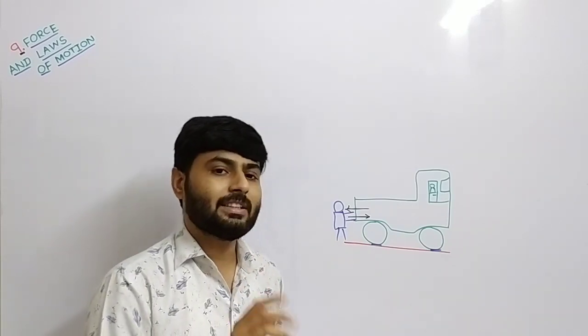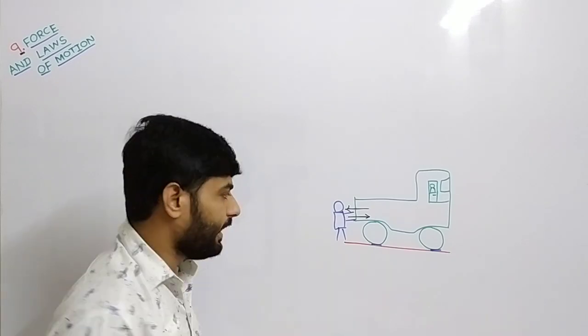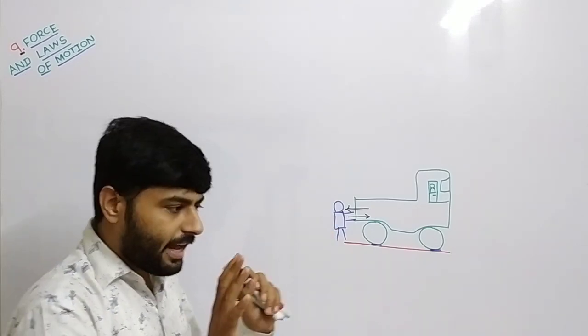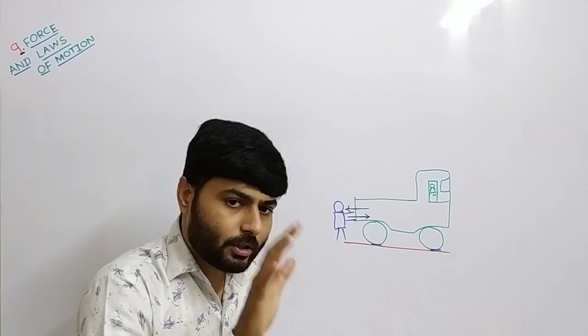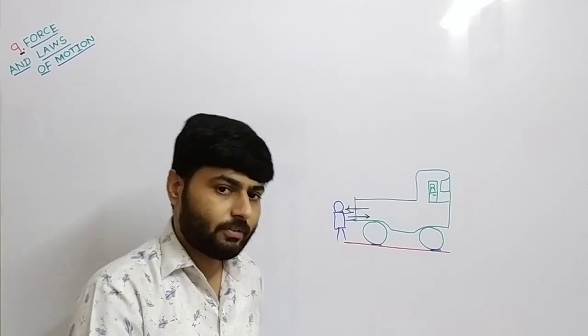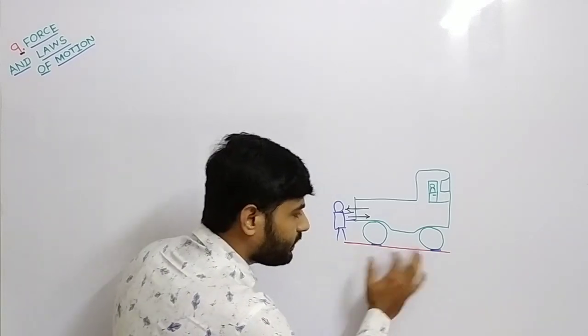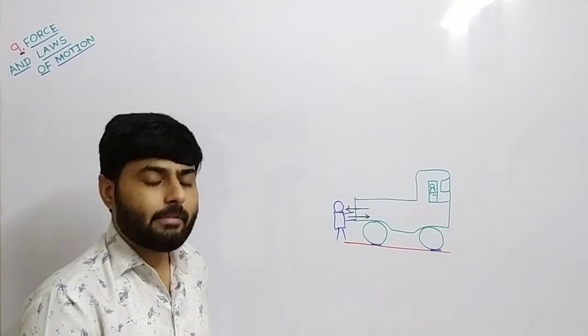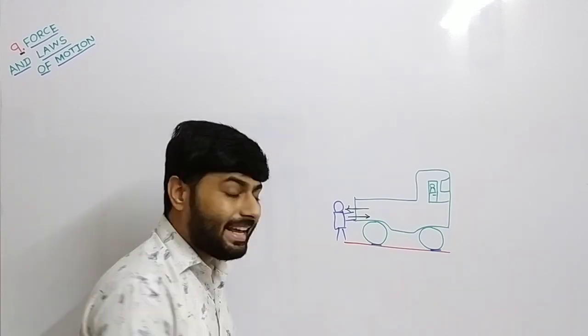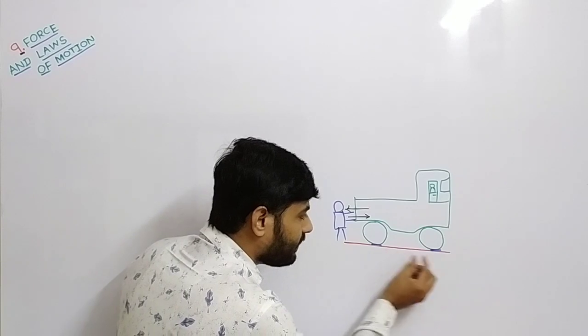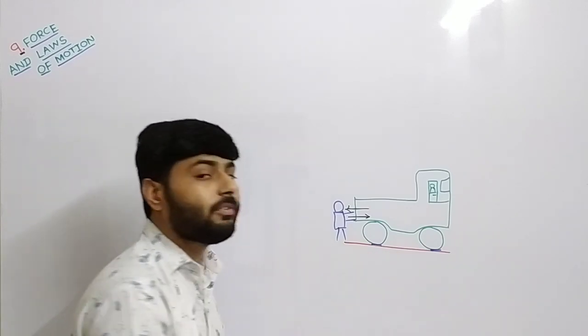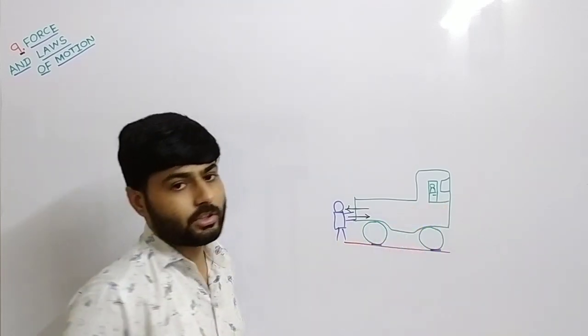Actually they do not cancel each other. Actually the force which we are applying is somewhat lower, that is not sufficient to overcome this friction. If somehow I apply greater force that is sufficient to overcome this friction, I can move this truck.